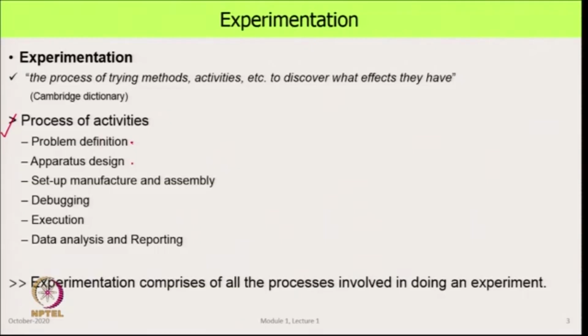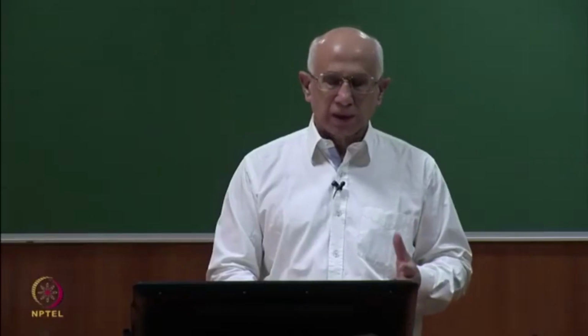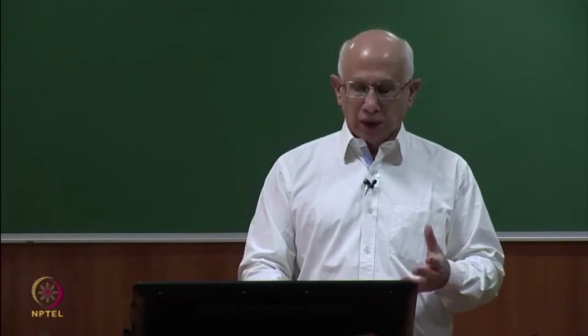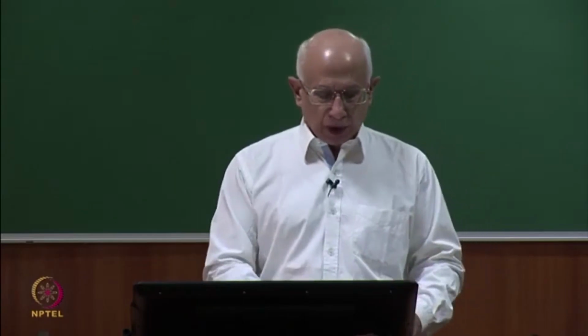So, there is no one given design, there could be many possibilities and we have to select one of them. After selecting that one, we go to a complete detailed design, manufacture and assembly. So, this includes making the rig, buying instruments, putting electronics together, connecting it to a data logger or a laptop, all of that comes here.